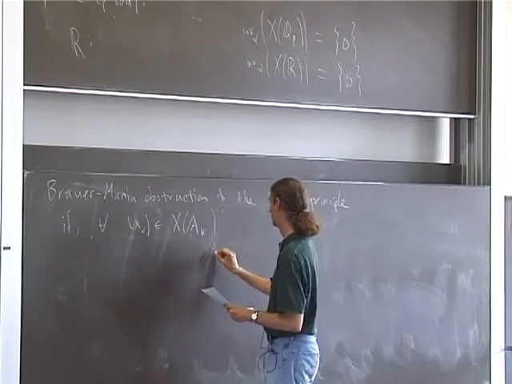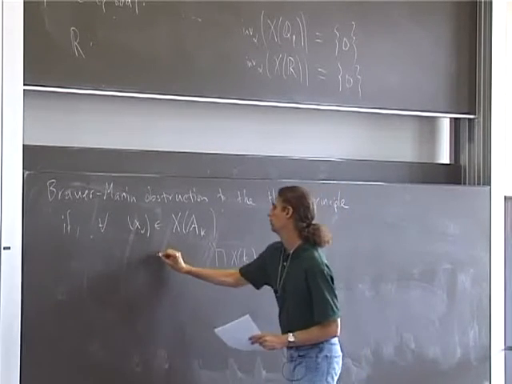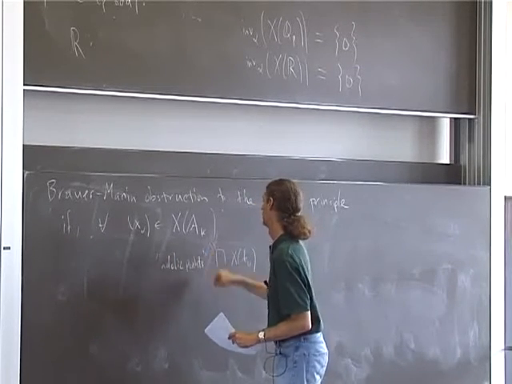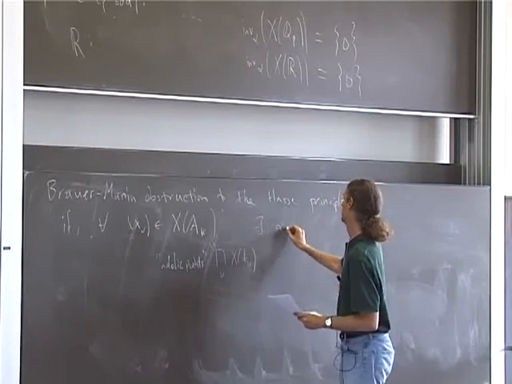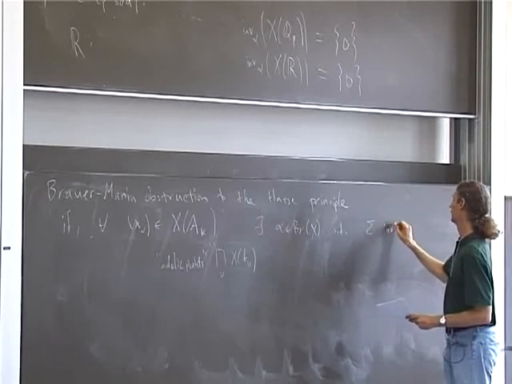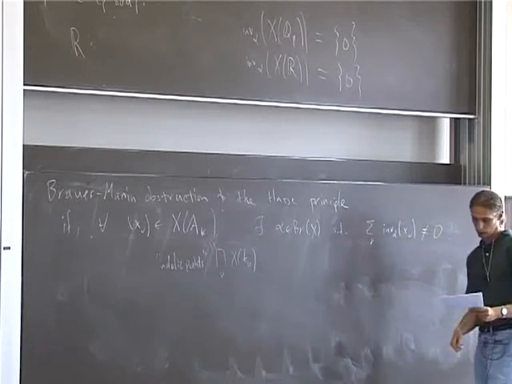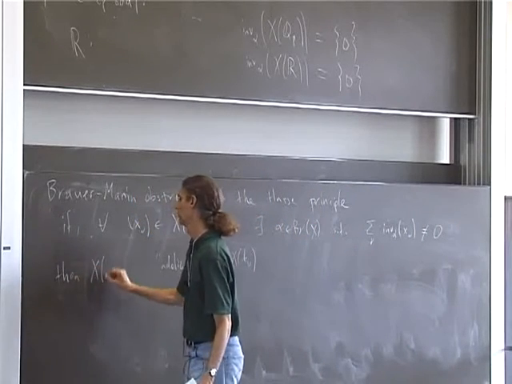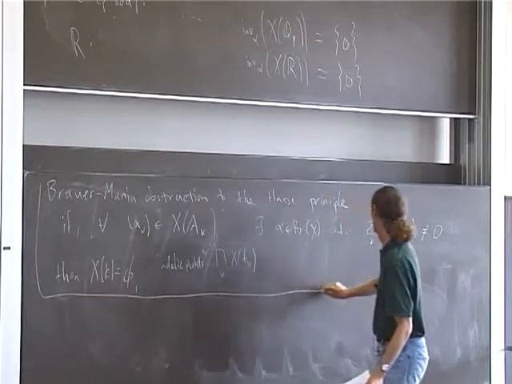This is just the product over all completions of K. So if for all adelic points there is some Brauer group element such that the sum of local invariants is non-zero, then no rational points.